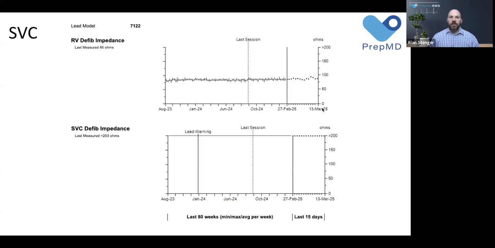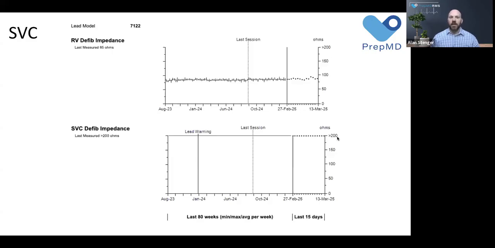We look at our SVC and we've got measurements greater than 200 ohms. Number one, these have been going on for a very long time. So right away, I'm going to wonder, is this something that the clinic already knows about? We can see that lead warning occurred back in January of 2024.